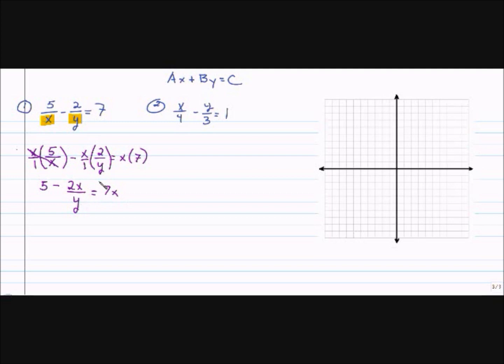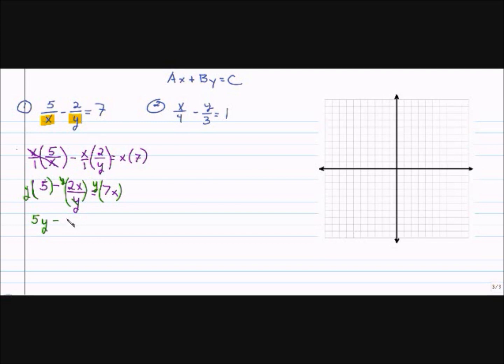Now I'm going to do the same thing for the y. I'm going to multiply everything by y. It's okay as long as I do it to everything. I'm just changing the look of the problem. I now have y times 5 is 5y minus, notice 1 in the numerator, 1 in the denominator.